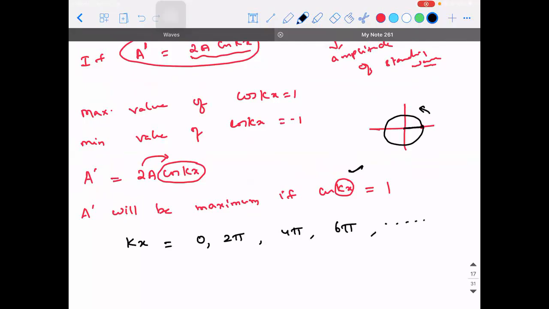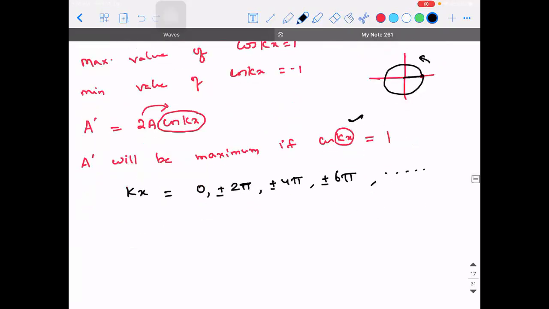It keeps on going, right? When you revolve in the anti-clockwise direction, it is plus 2 pi. When you revolve in the clockwise direction, it will be minus 2 pi. So I can write it as plus or minus 2 pi, plus or minus 4 pi, plus or minus 6 pi, so on. So kx is equal to 0, 2 pi, 4 pi, 6 pi.